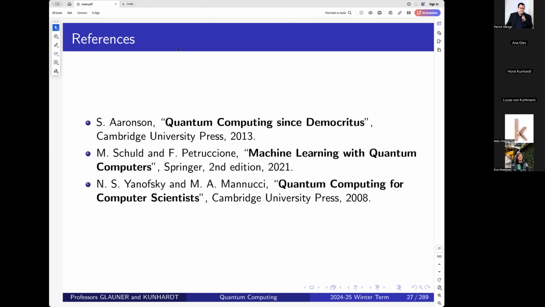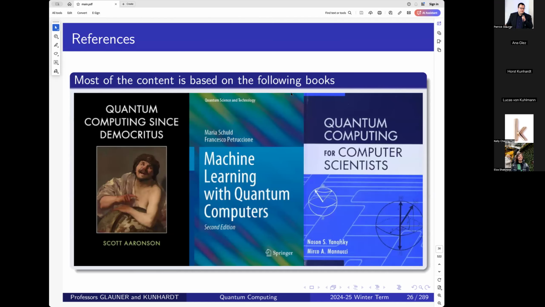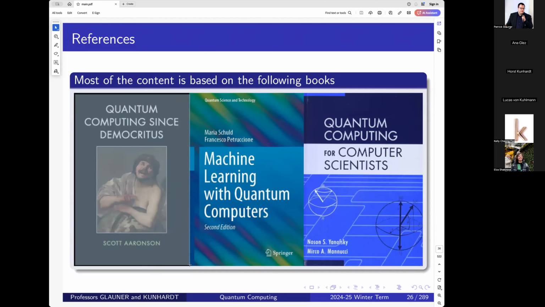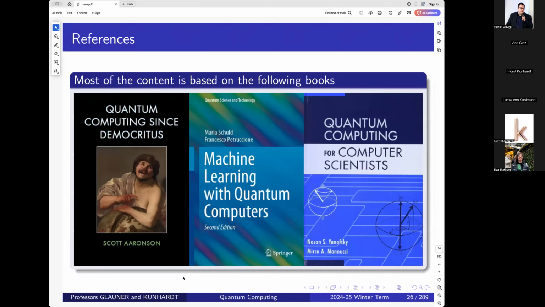That book is not easy to read. It appeared 11 years ago, but if you're really interested in the big picture of quantum computing and its links to computational problems, theoretical computer science, and some advanced physics topics, then this is the ultimate book on the market.